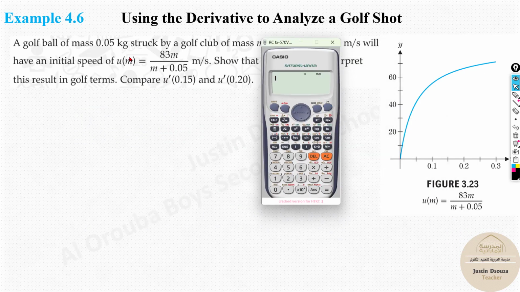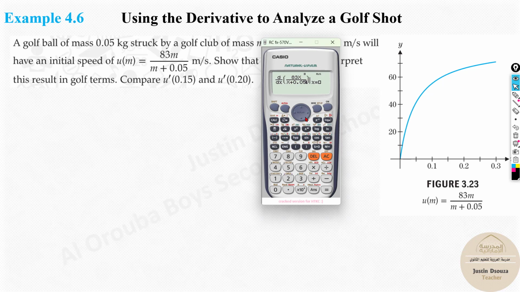Now, since they want the derivative of this where m is 0.15, all you need to do is shift and d by dx. Now here 83, let's use this division. Okay, 83x divided by x plus 0.05.